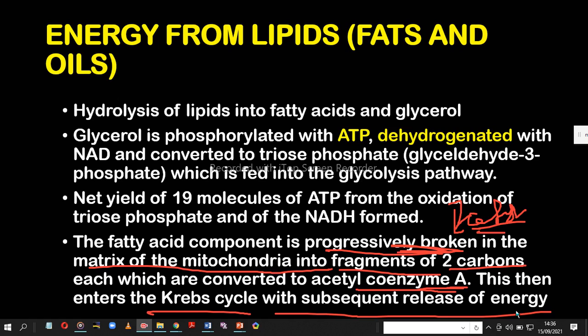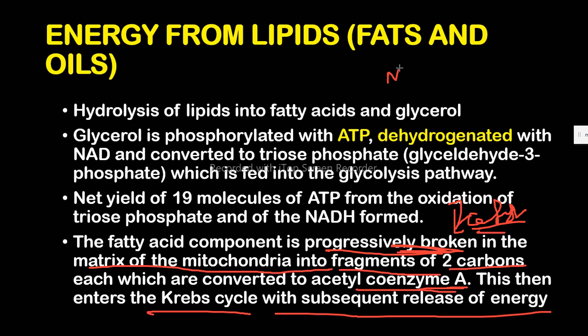You produce ATP by substrate level phosphorylation, and you produce reduced NAD and also reduced FAD. These two proceed to the electron transport system, and you harvest energy out of them, as simple as that.